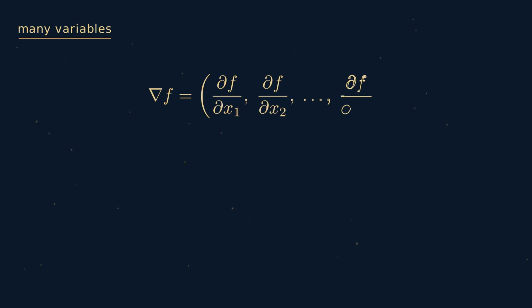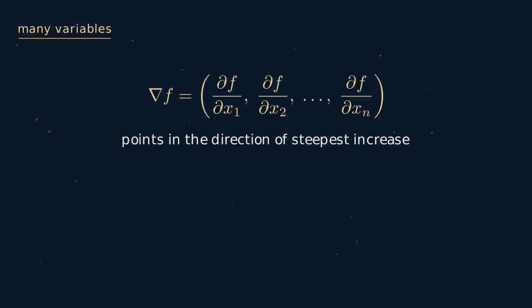Everything so far survives the jump to many variables. We only need the right objects. The gradient gathers every first partial derivative into one vector, and it points in the direction of steepest increase. Setting it to 0 therefore leaves you n equations in n unknowns.